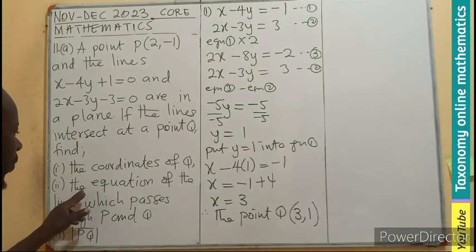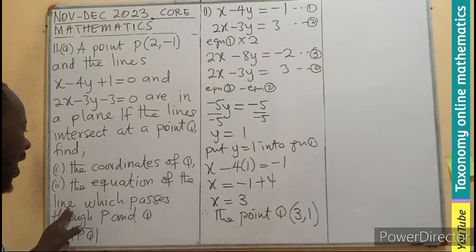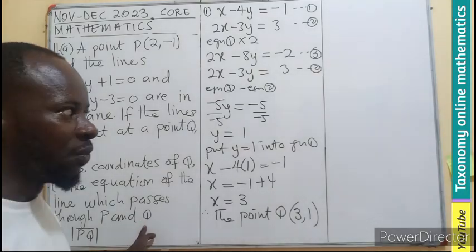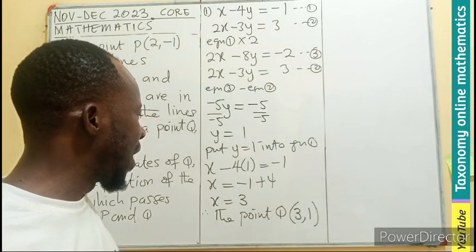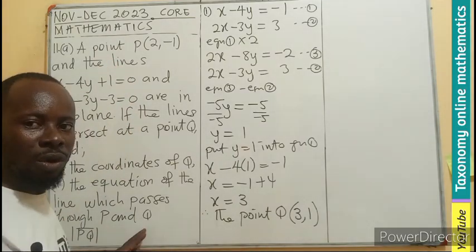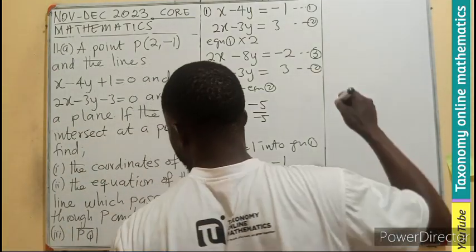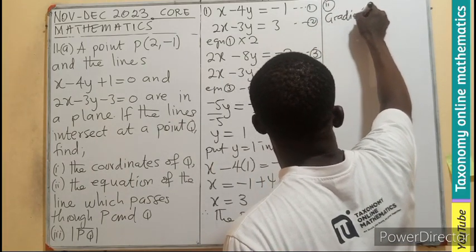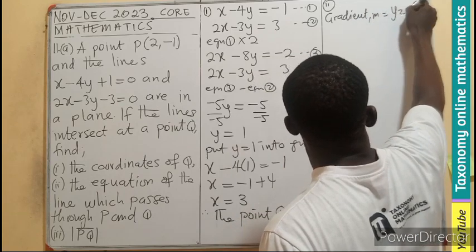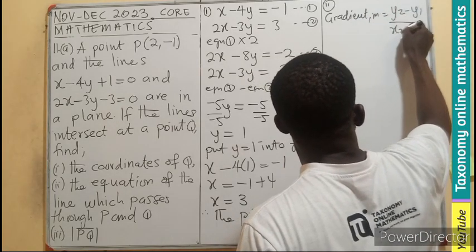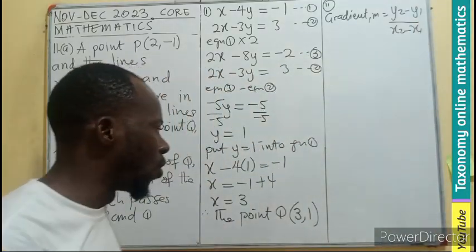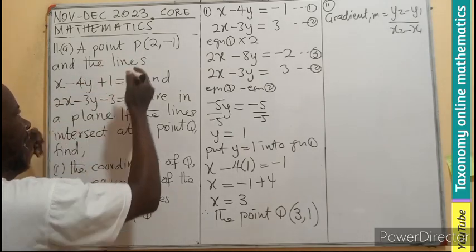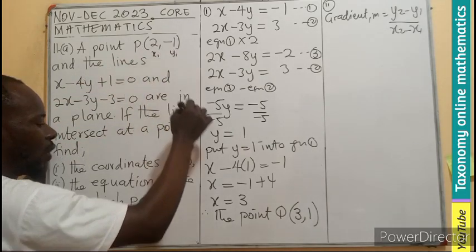All right. Now we are going to find the equation of the line which passes through the points P and Q. Before we can find the equation, we need a gradient. So we need to find the gradient of the points P and Q, which become one line. The gradient m equals y2 minus y1 over x2 minus x1. Don't forget P and Q. So P first, meaning that is our x1, y1.